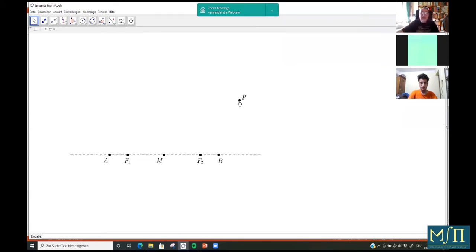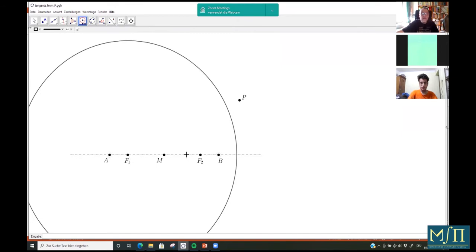Okay, so anyway, we know that such a point, let's call it the counterpoint for now, must lie on the Directrix circle, and the Directrix circle has the radius 2a and as a midpoint, one of the two foci. I'm going to use F1, the same as we had in the earlier figure. So I'll simply draw such a circle with radius 2a and midpoint F1.